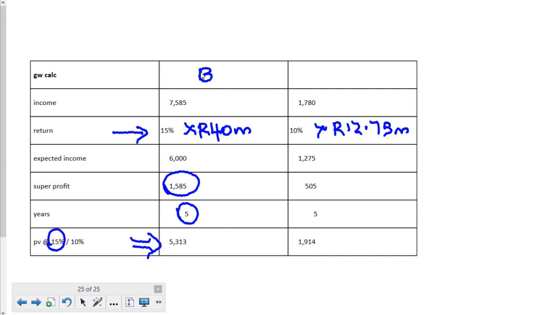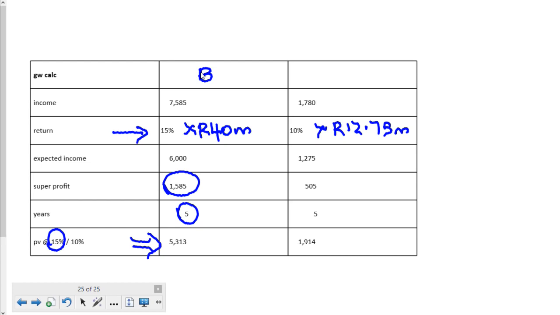They said goodwill is based on the super profits that will be earned by the company for the next 5 years. So for 5 years, the company should make a return of 6 million. They're going to make a return of 7585. So there's going to be extra profit of 1585 for 5 years at a 15% discount rate. 5313 is the present value.